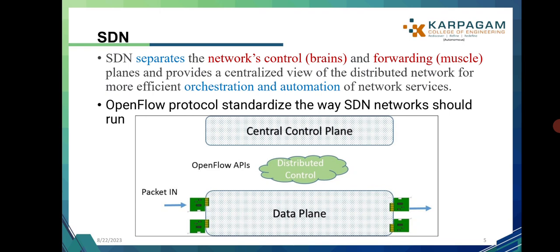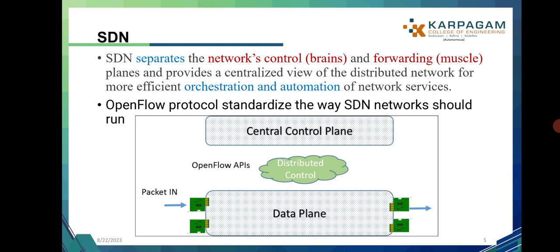The protocol used here is called the OpenFlow protocol, which is a standardized way of defining how the network should run, operate, and communicate between the control plane and data plane. This protocol is responsible for interplane communication, right?